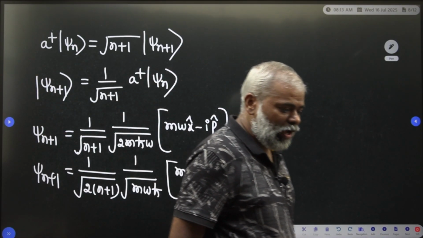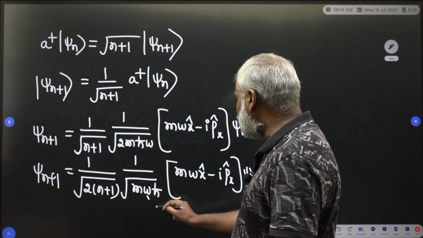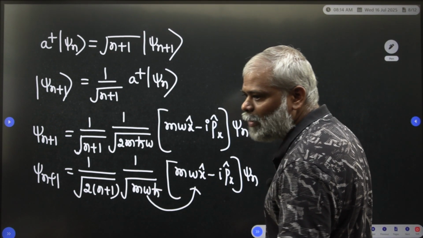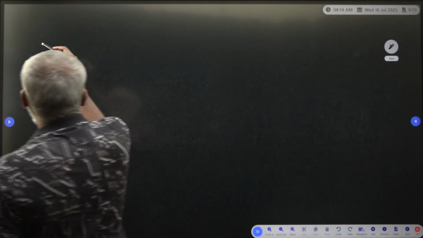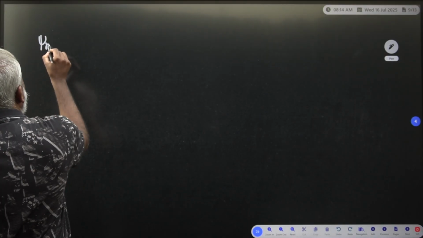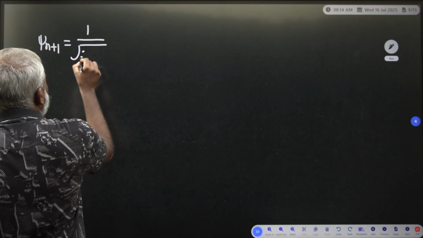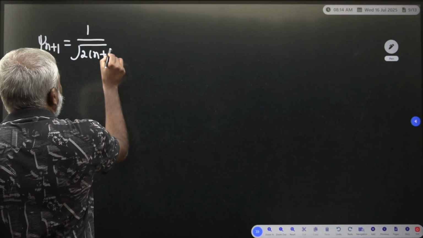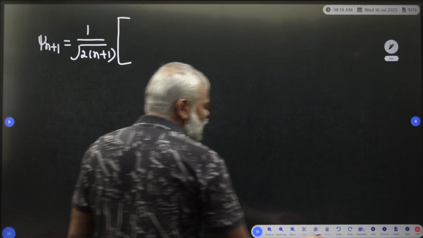Clear? Now this term you have to take inside the bracket. So what is going to happen? You see here psi n plus 1 is equal to 1 by square root of 2 into n plus 1. You have to take it inside.